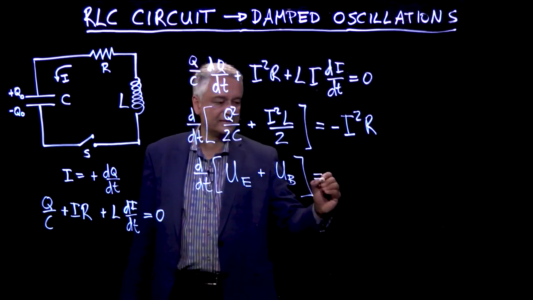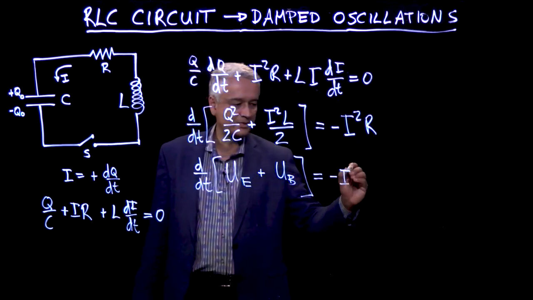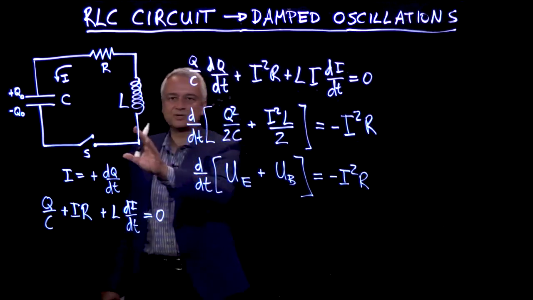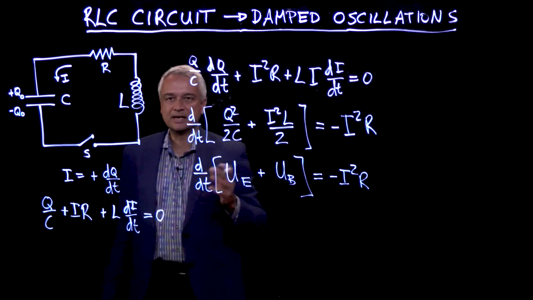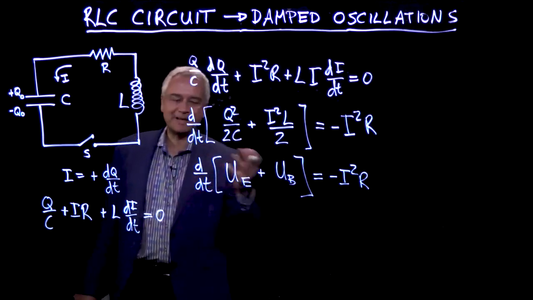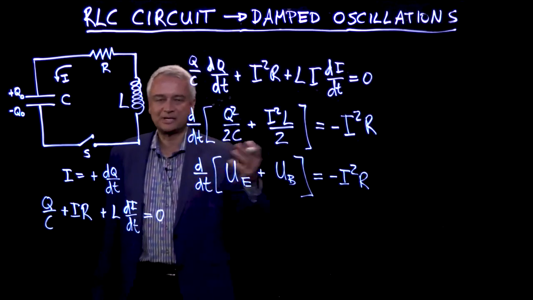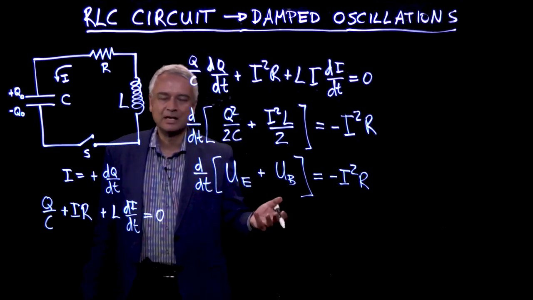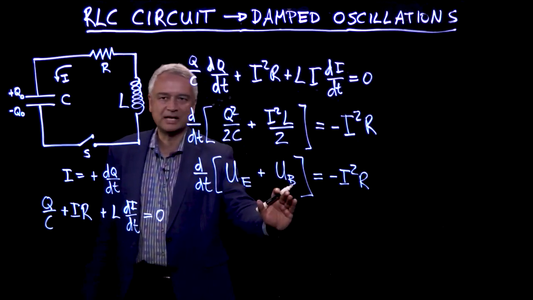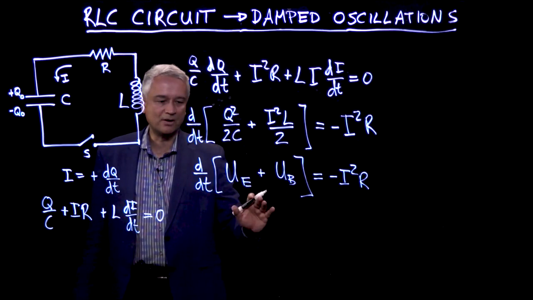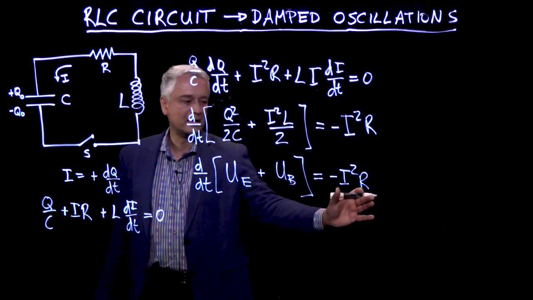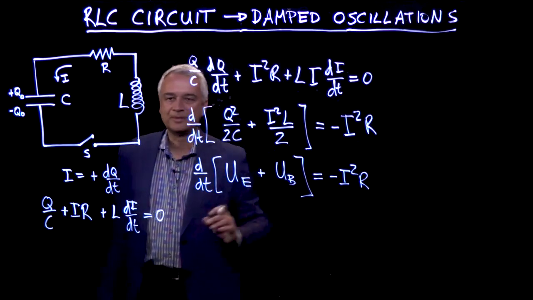And that is then set equal to minus I squared R. So what this circuit describes is an oscillation between the L and the C with the energy sloshing back and forth between electric and magnetic, as we've seen. But the energy in the L plus the C, this is the energy in the C, this is the energy in the L, is not conserved anymore. It's decreasing with time by an amount I squared R.